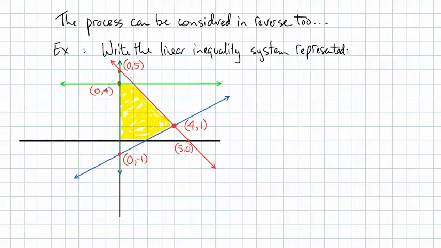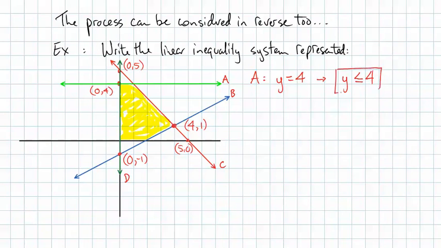Let's name these A, B, C, and D. First of all, equation A is horizontal, so it's a y = equation. It passes through the point (0, 4), so it's y = 4 for the equality. Now, it's below, so I want less than as well as equals because of the solid line, and 4.